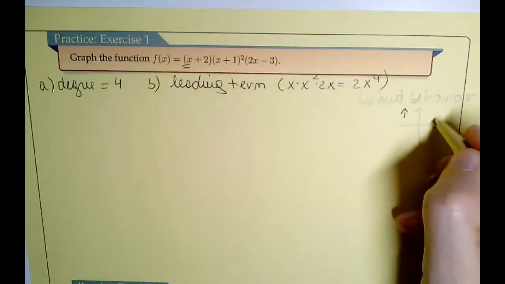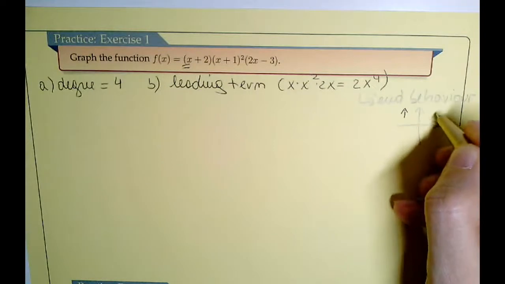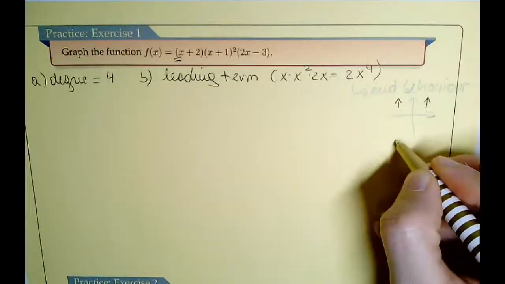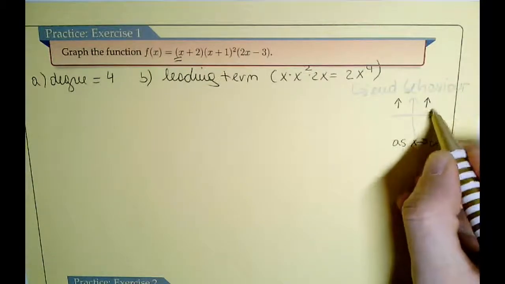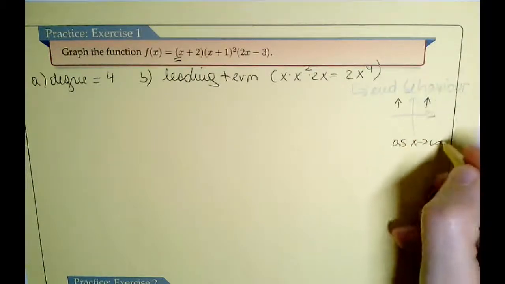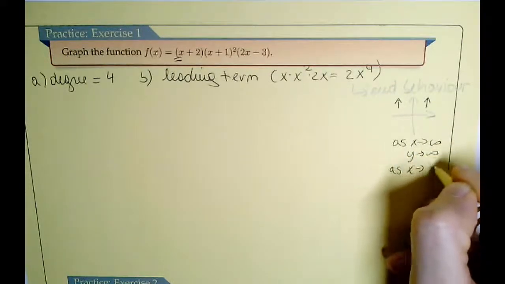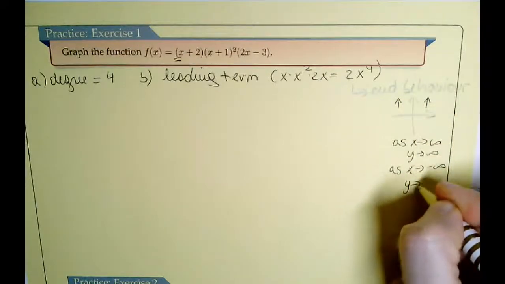So the end behavior, how we're going to write this to keep in mind, is it's going to come from here, do stuff in here, I don't know exactly what it's doing in here, and it's going to come up there. So in other words, the end behavior is as x goes to infinity, y goes to infinity, and as x goes to negative infinity, y goes to negative infinity.